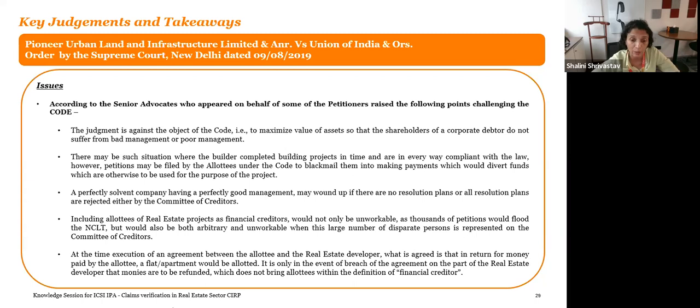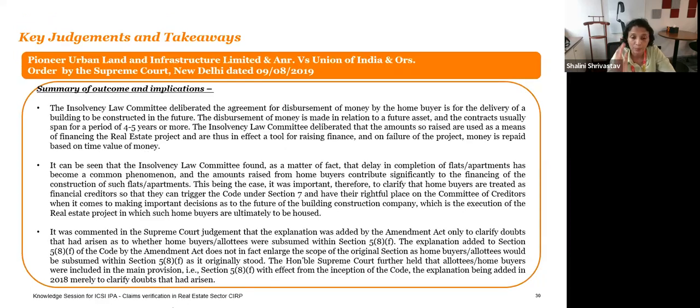So this was argued very extensively. There were arguments used like, using a sledgehammer to kill a gnat, which means where it is not required, it is being tried to fit the IBC to solve issues in projects where it is not necessary. That was the argument being given by the people challenging the admission of home buyers as financial creditors.